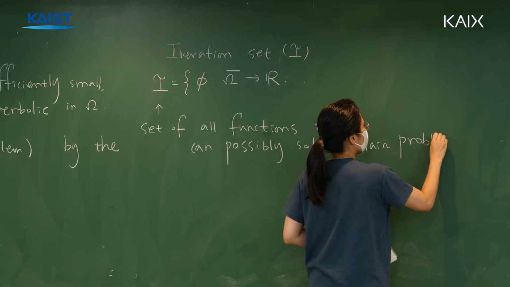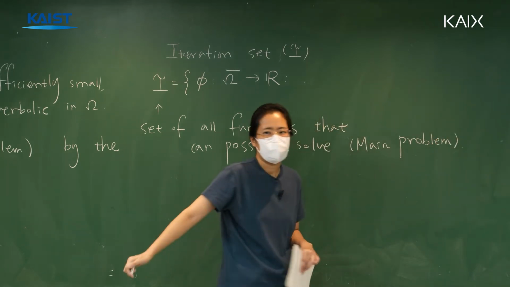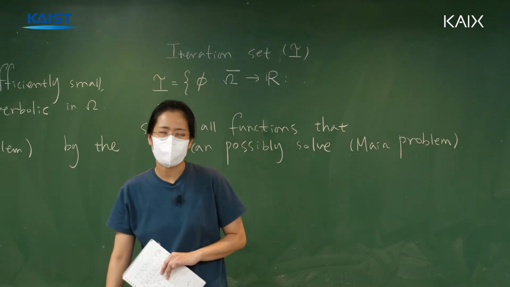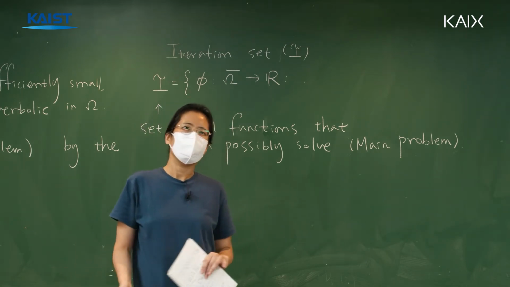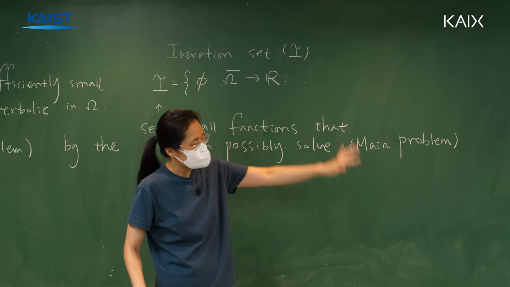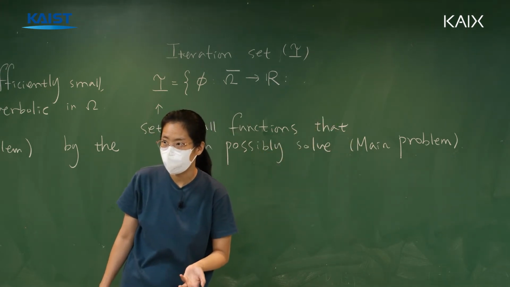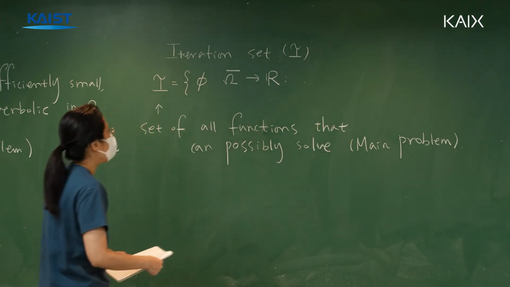That is called the iteration set. But this is absurd, right? If you don't know the solution, how do you know which function can possibly solve that problem and which cannot, right? So the idea is the following.